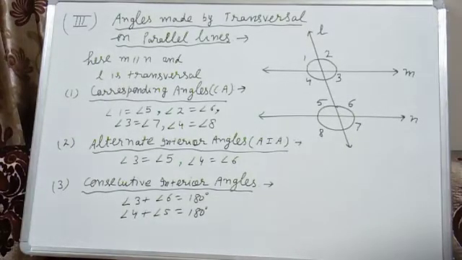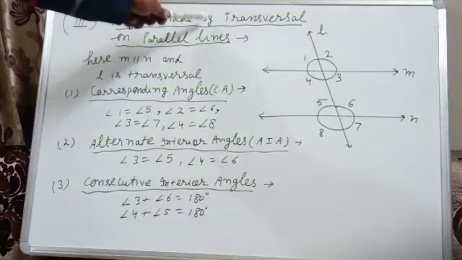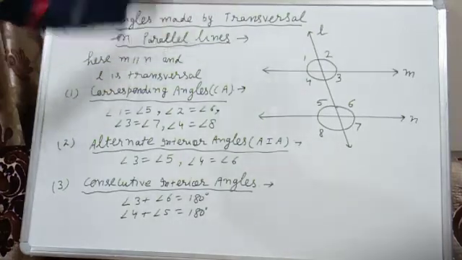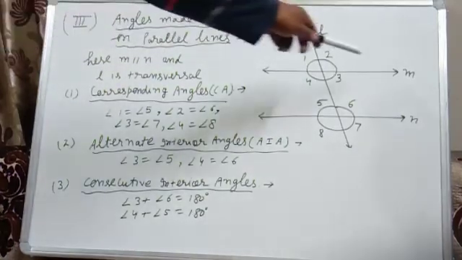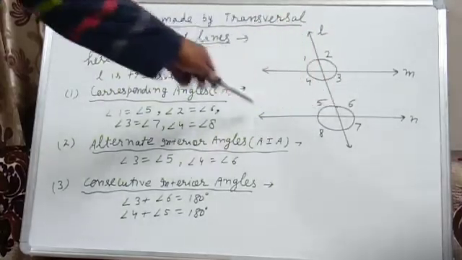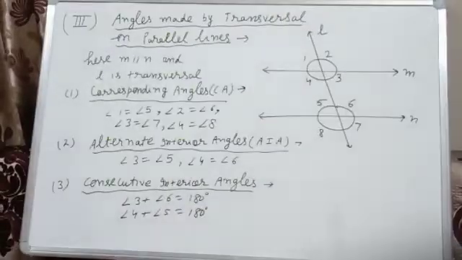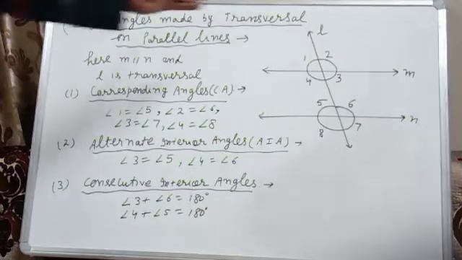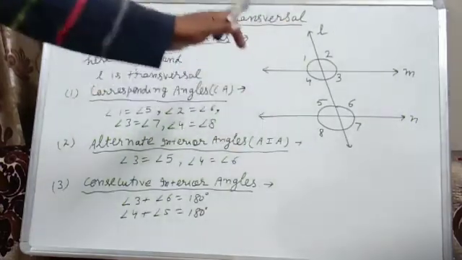This will be used in nearly all the questions of this exercise. The heading is angles made by a transversal on parallel lines. Suppose these two lines, M and L, are parallel, and this is the transversal N. Then we want to find the relations between the different angles made by this transversal on these parallel lines.